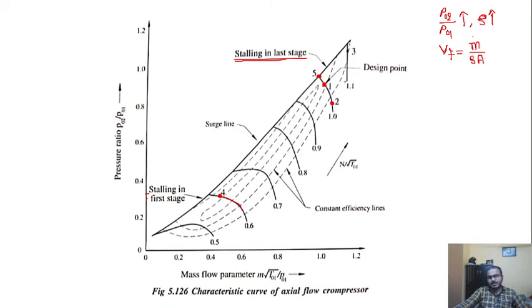Here we cannot further increase the mass flow rate, and the pressure ratio decreases. This is the point of choking, that we cannot go beyond this for an increase in the mass flow rate. Mass flow rate cannot be increased. So this is the choking phenomenon which happens at higher RPMs.